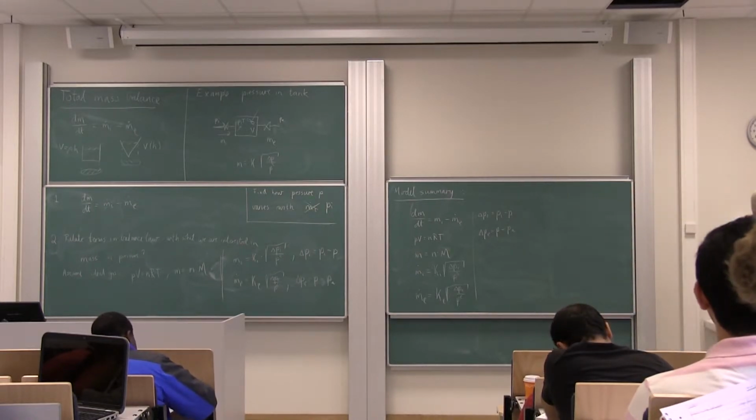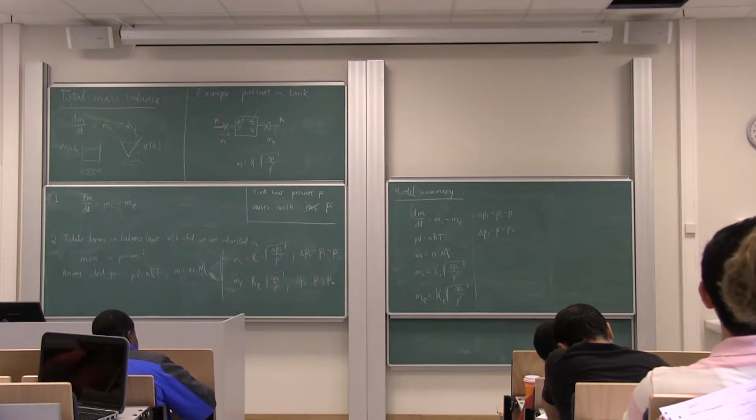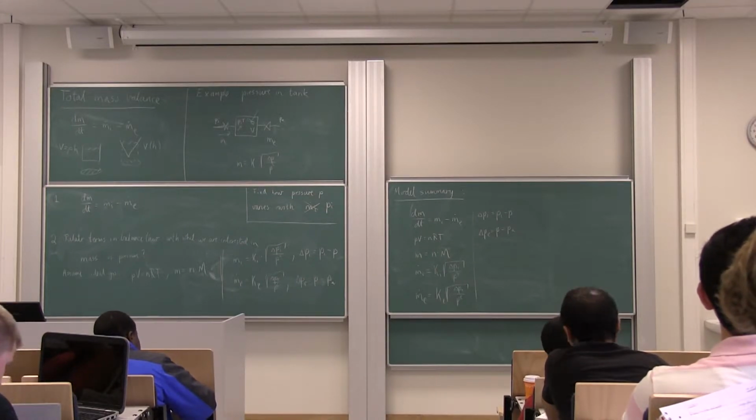And then we need to start to count the unknowns. We have 7 equations. How many unknowns do we have?